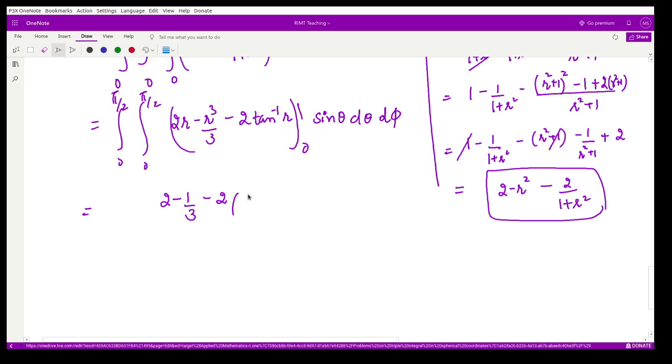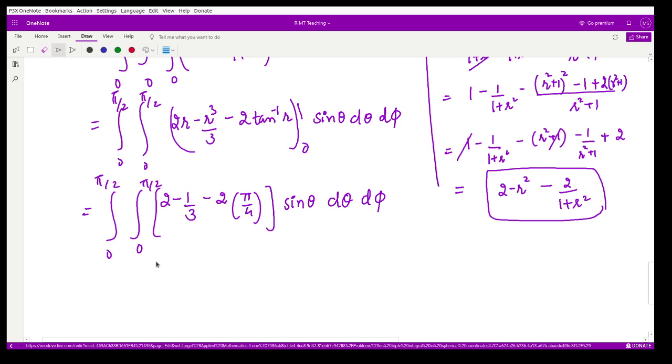So you have pi by 4 here. And when you substitute 0, you have 0 minus 0 minus 2 tan inverse 0. Tan inverse 0 is again 0. So you have this sin theta d theta d phi, and the limits are from 0 to pi by 2 and 0 to pi by 2. Okay. So this is equal to 5 by 3 minus pi by 2.